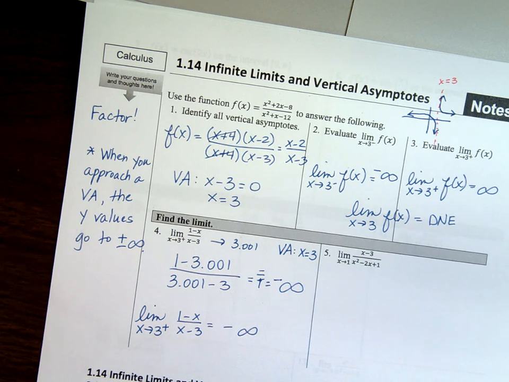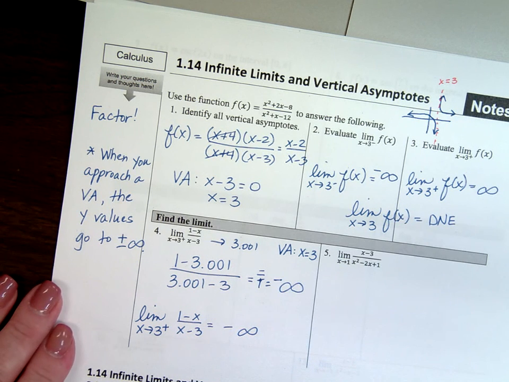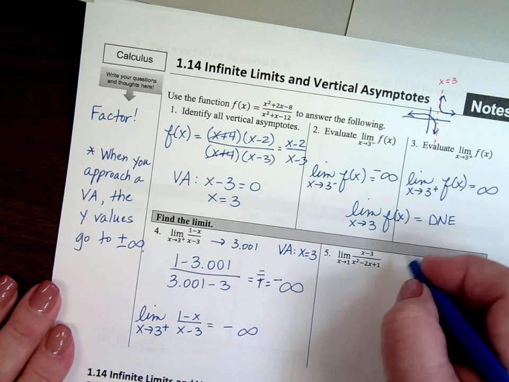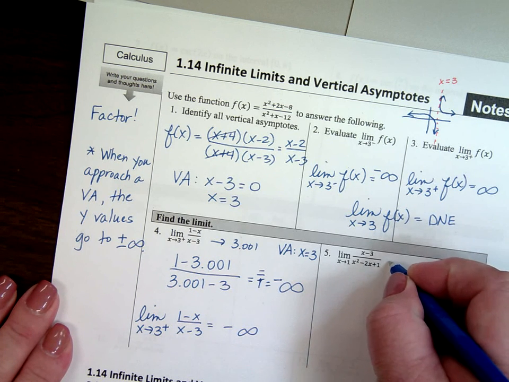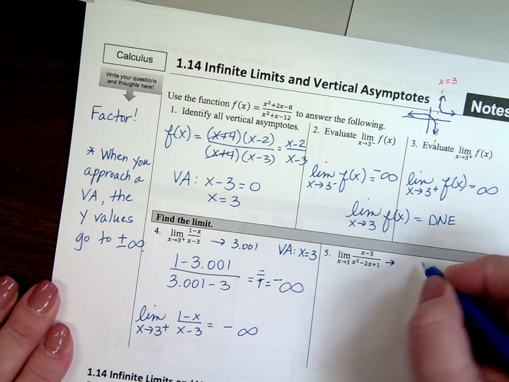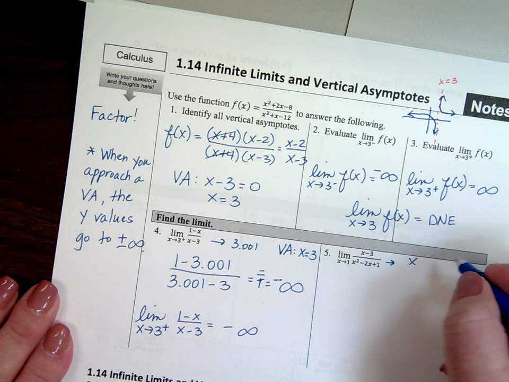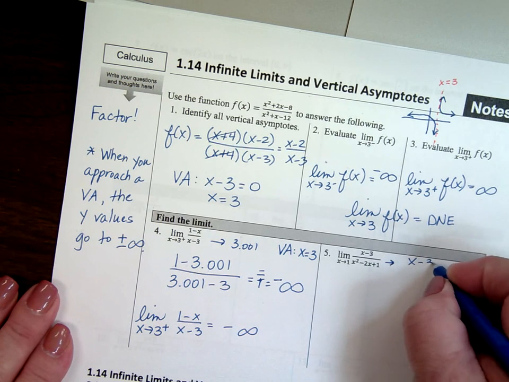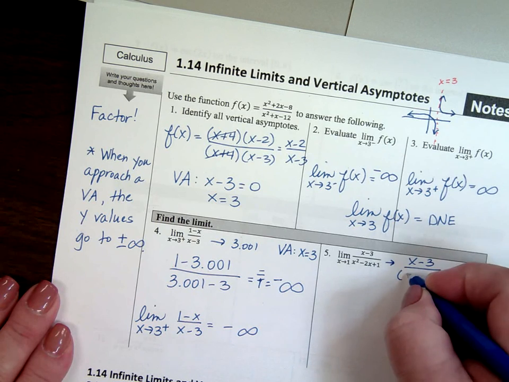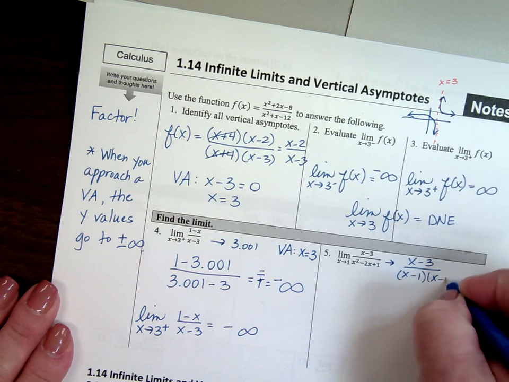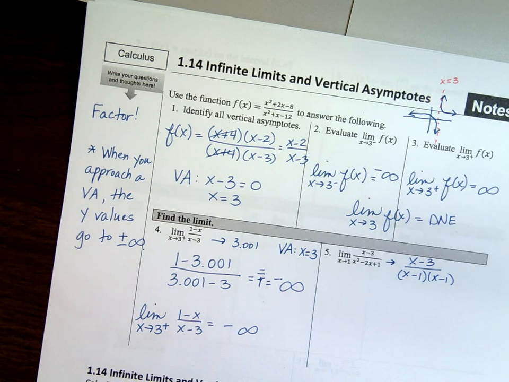And we're going to do the same type of thing over here in number 5. But before I get into this, I can factor that bottom a little bit, and you'll see why that's going to be a friend to you. So x minus 3 over x minus 1 and x minus 1. What happens when x is 1?